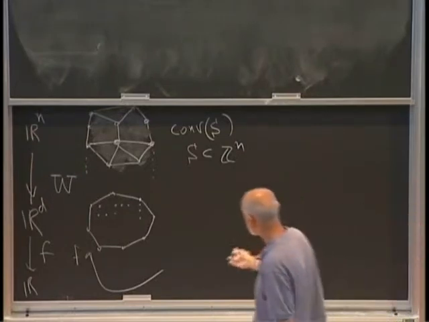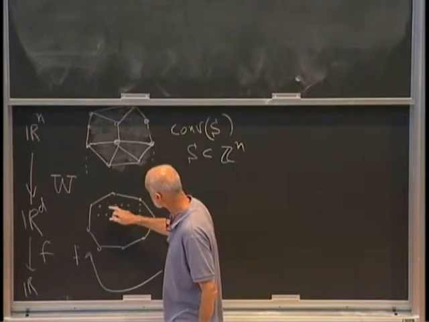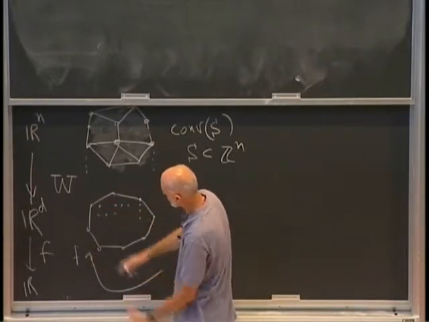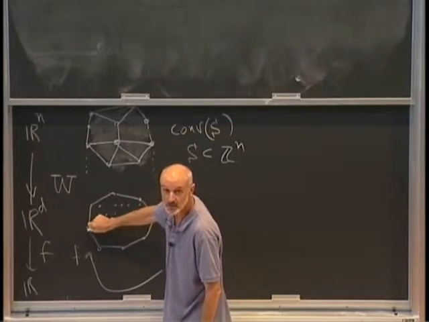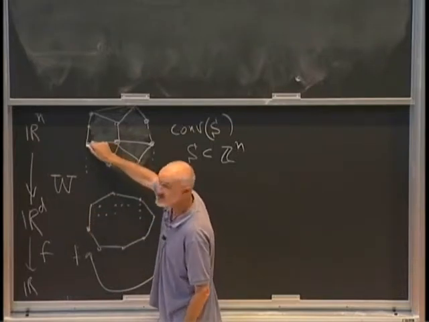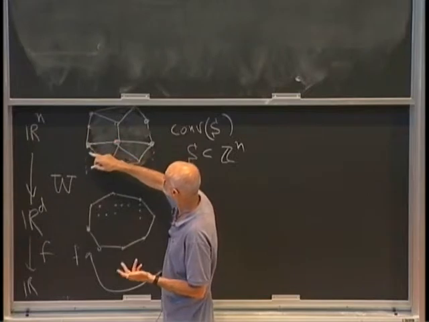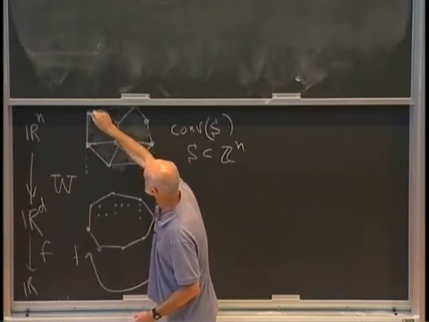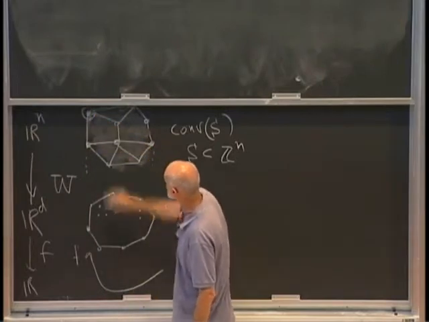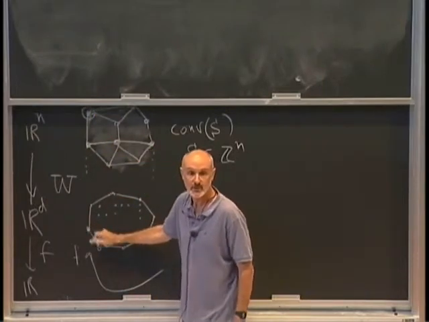So where's the maximum over this? The maximum may be somewhere here. And then the optimal solution is not here. It's somebody in S, so it should be some pre-image of this guy. Maybe there are many, so maybe this is one of those guys that projects down to this. So this is the procedure.